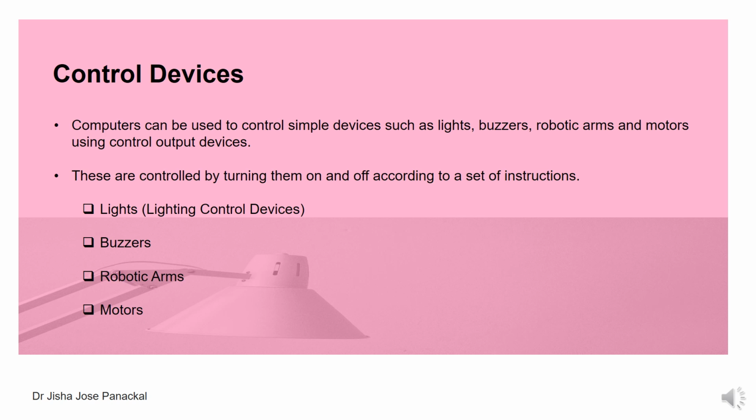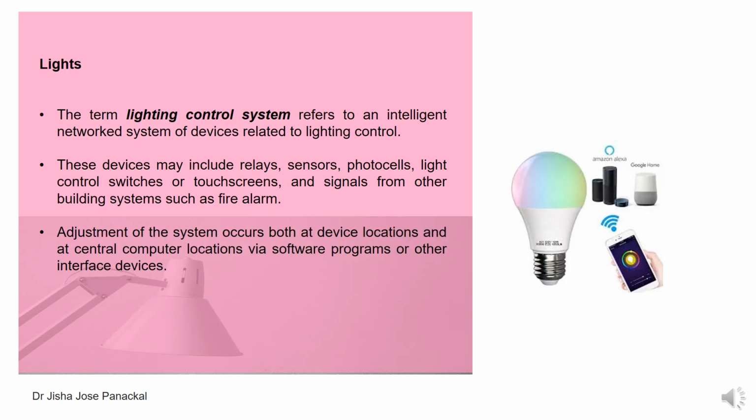Lights can also be seen as lighting control devices. The term lighting control system refers to an intelligent network system of devices related to lighting control. So it involves lights and relays, sensors, photocells, light control switches or touch screens, and signals from other building systems such as fire alarm. So these are all part of the lighting control system.